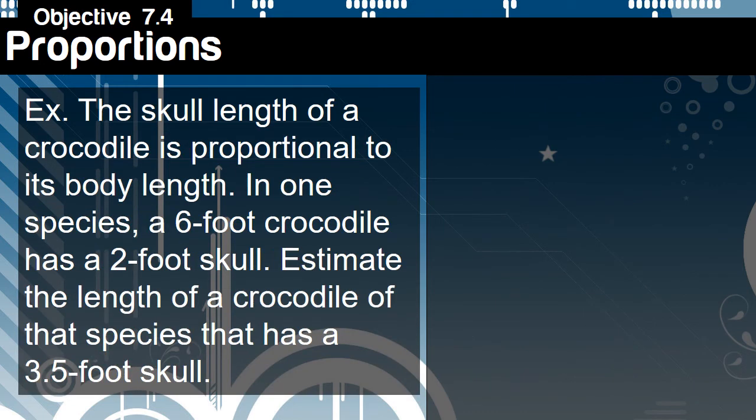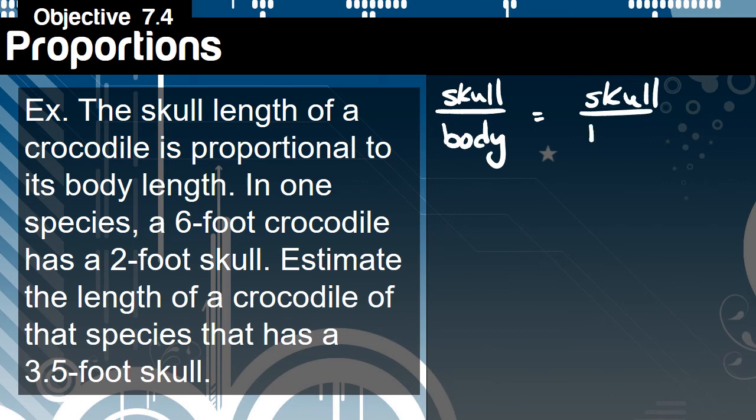So now we have this other weird example here. The skull length of a crocodile is proportional to its body length. So we can write this out, skull over body is going to be equal to skull over body.